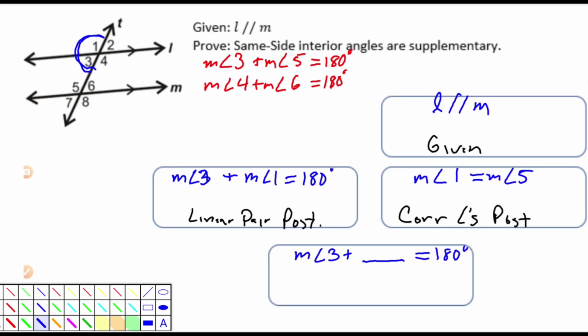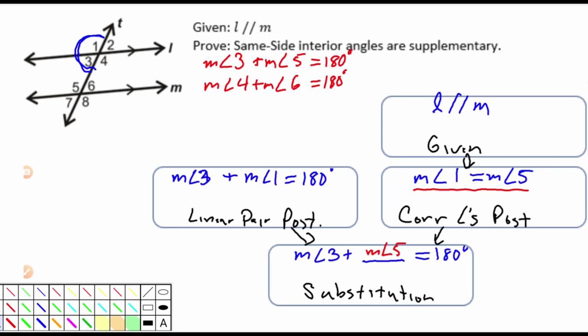But I'm going to replace that with the measure of angle 5. And I'm doing that because I know 1 is equal to 5. We've already said that, so I can swap it out. And now, what would our reason be for that? That would just be substitution. We just did a little substitution, and this one came there, and this one came there, and this goes there. All right, and we're done.